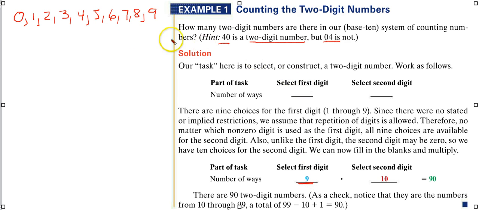But now, when you get the number of ways to select the second digit, there are 10 possibilities. So according to our rule, n sub 1 times n sub 2, it's a funny looking n here, let's make it a little bit better. You have 9 for the first selection, 10 for the second selection. So the number of different ways you could combine this is 90. So the answer to this first one is 90.